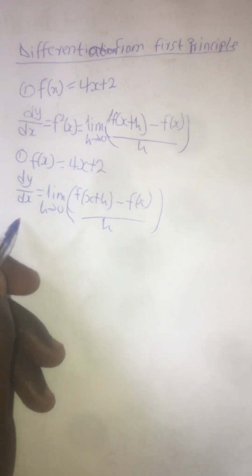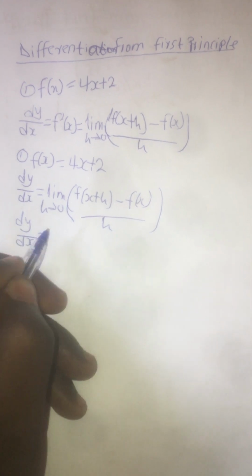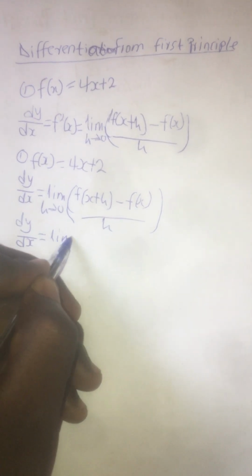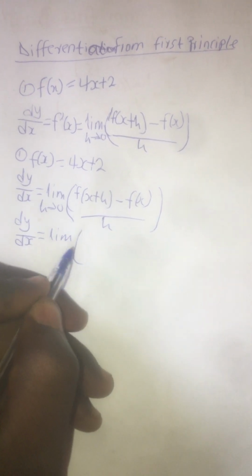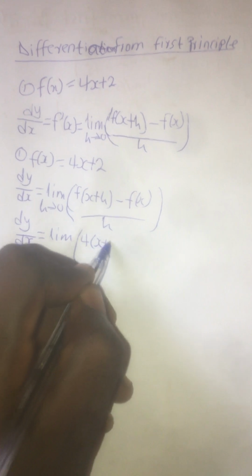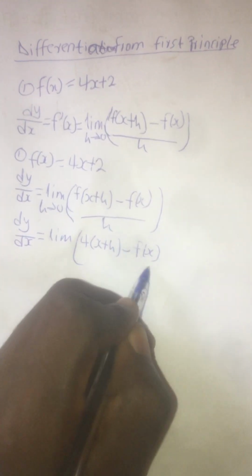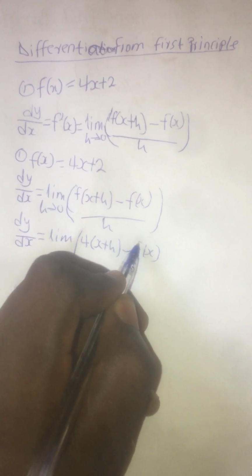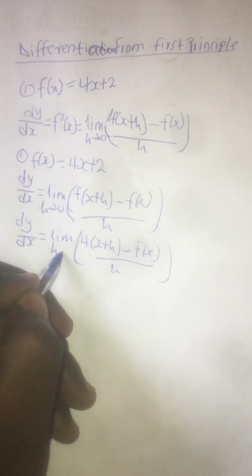With this I'll substitute: dy over dx will be equal to the limit of 4 bracket x plus h minus f of x all over h, as h approaches 0.